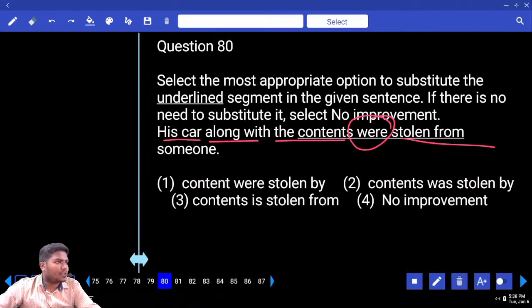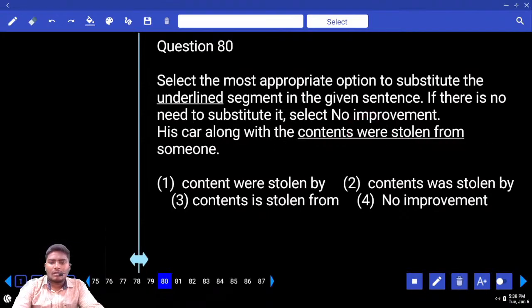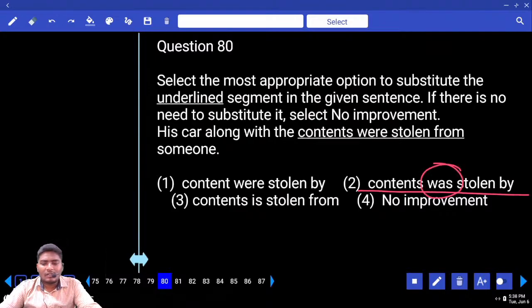Second option? Third option? What is your explanation? Most of you have opted contents was stolen. Why? Was is singular or plural? Contents was or contents were?